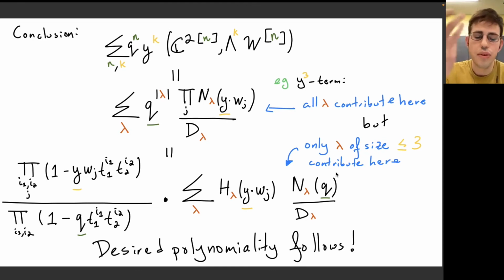And so not only does this prove the desired polynomiality, but it gives me, in principle, some closed form expression for any of these series. It can be a complicated closed form expression in terms of some combinatorics, but it's something that you could tell a computer to do for any fixed power of k, for example.